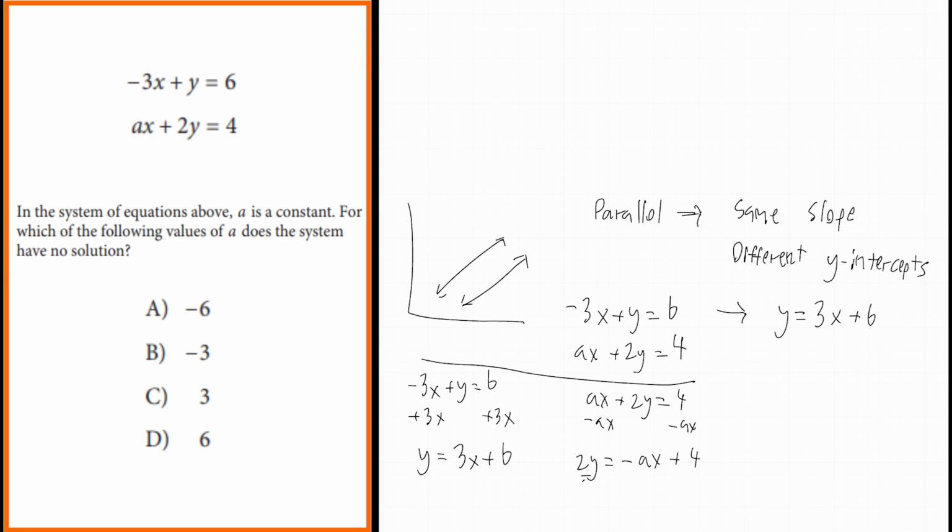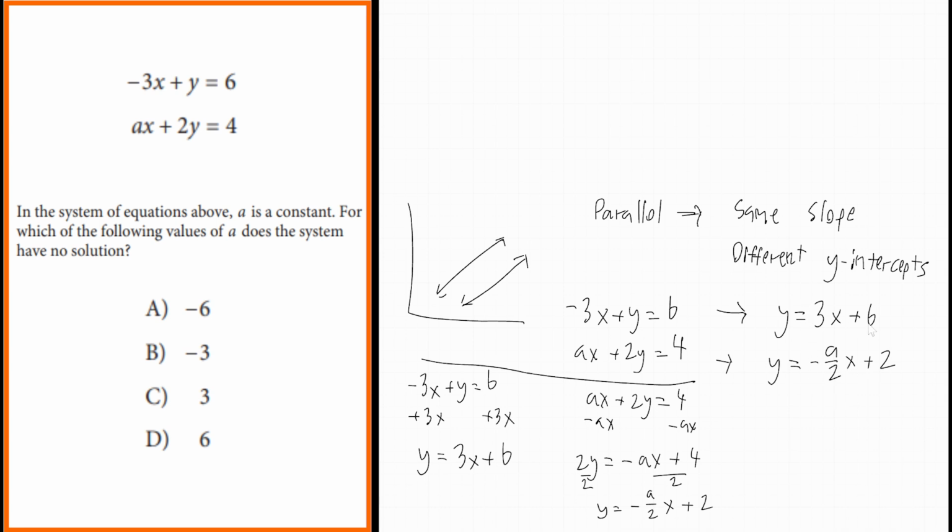If we divide by 2 on both sides, we get y equals negative a over 2 x plus 2. So now I'll write this up here. Our second equation in slope-intercept form is y equals negative a over 2 x plus 2.